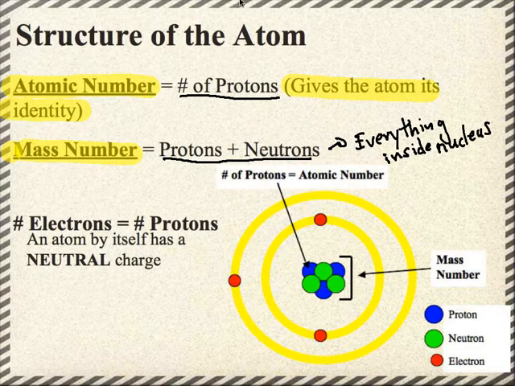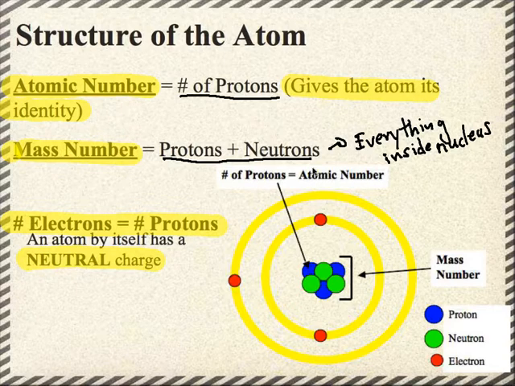And then the last thing is, if I draw an atom correctly, I should draw it where the number of electrons equals the number of protons, which means an atom by itself is neutrally charged. How do I get that? Neutral just means that the number of positive things equals the number of negative things. So if I'm thinking about math, I get a 0.